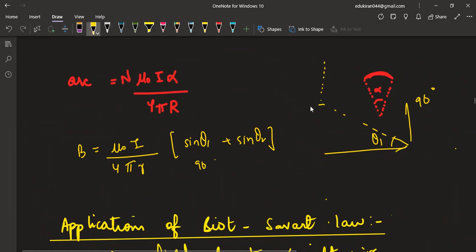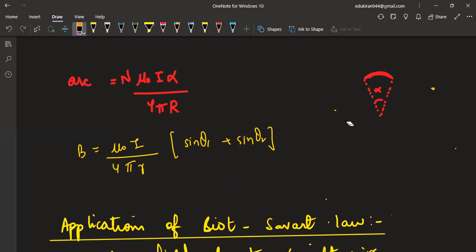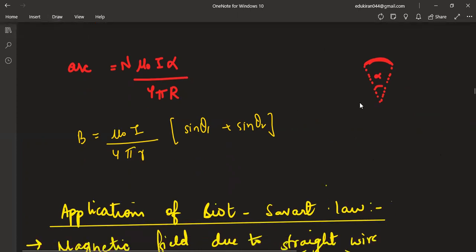So theta 2 is 0 degrees, that becomes 0, and only one part remains. So it's better if you remember this general formula, because from it you can derive the formulas for infinite, semi-infinite, and the rest. So what are sine theta 1 and 2?